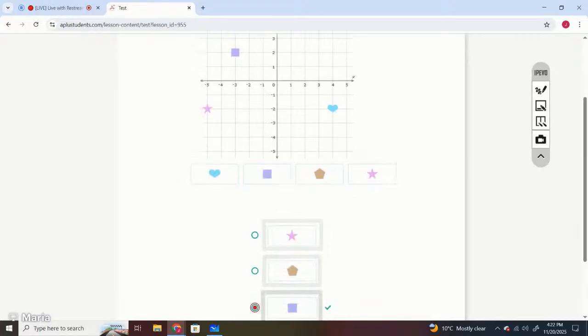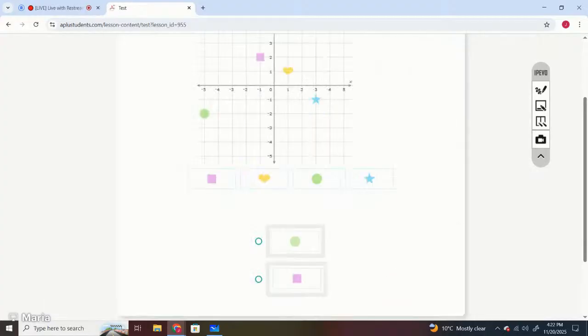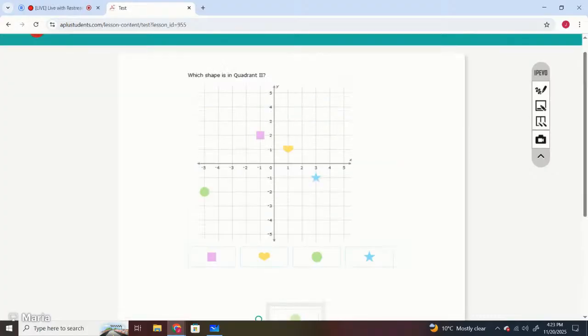Option number 3 is the correct option. What shape is in quadrant 2?